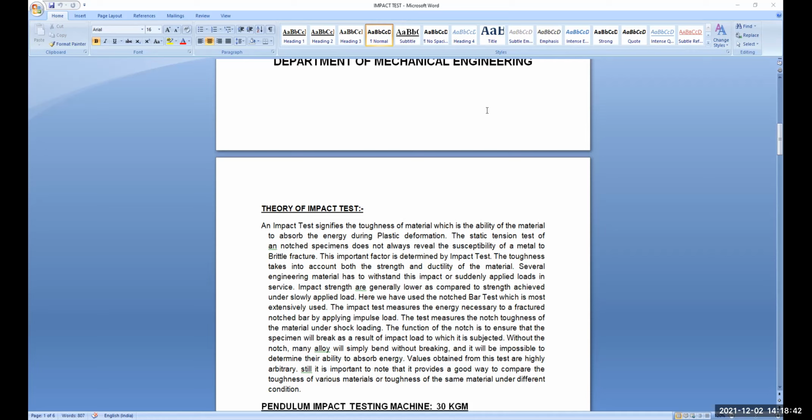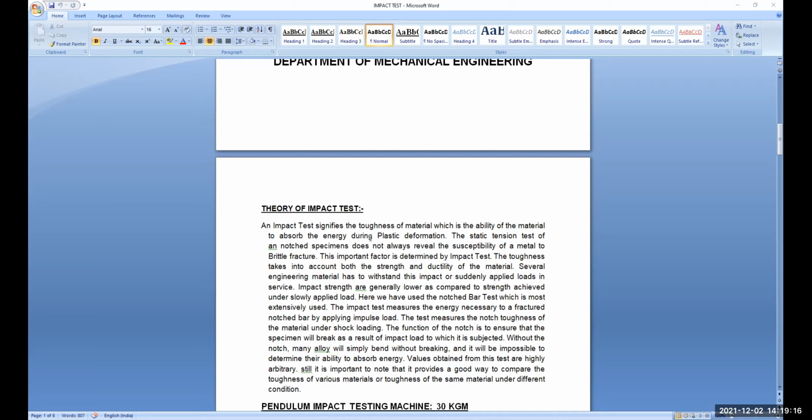And we are interested to know how well our machine members can withstand this sudden load applied with an impact. So we came across a particular property of the material known as toughness. Toughness means the ability of a machine member, prismatic bar, or structure to absorb suddenly applied load with impact.